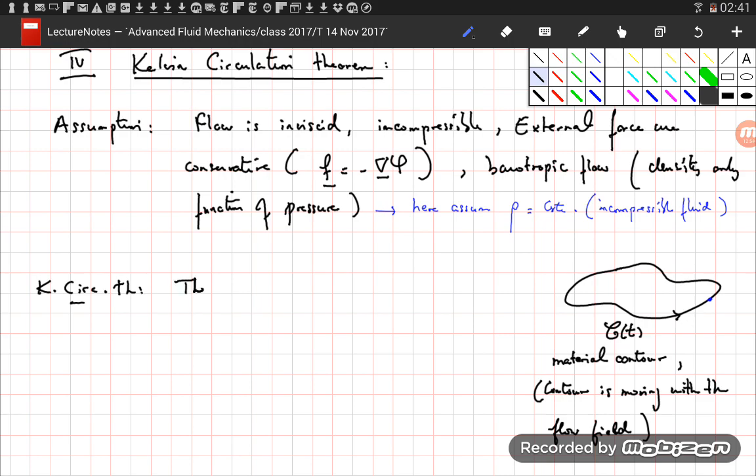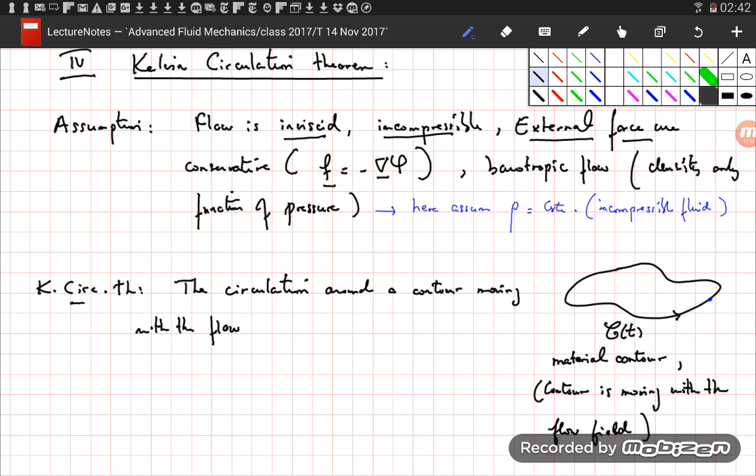And that is that the circulation around a material contour, so around a contour moving with the flow, and that is of course assuming the flow is inviscid, the fluid is incompressible, and the external forces are conservative.